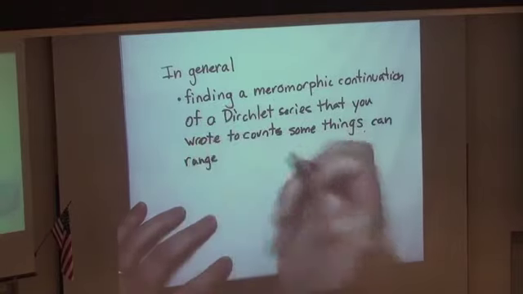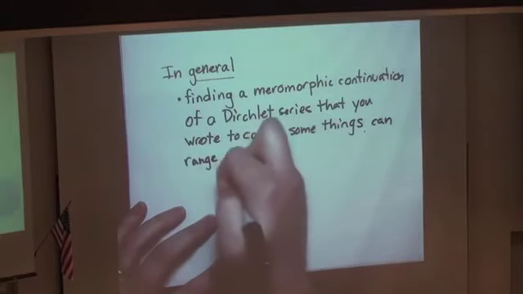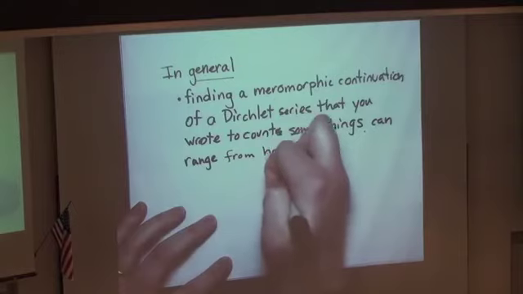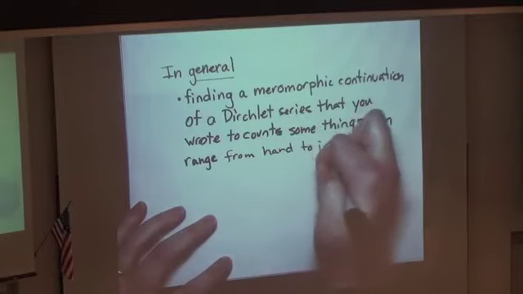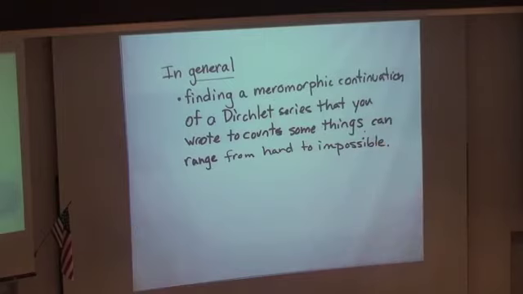I suppose sometimes it might be easy, but in general, it ranges from hard to impossible. Just to give you a sense, a nice example is the L-function of an elliptic curve. You can write it down nicely as a sort of Dirichlet series, just counting some simple things like the number of points that an elliptic curve has mod each of the primes.